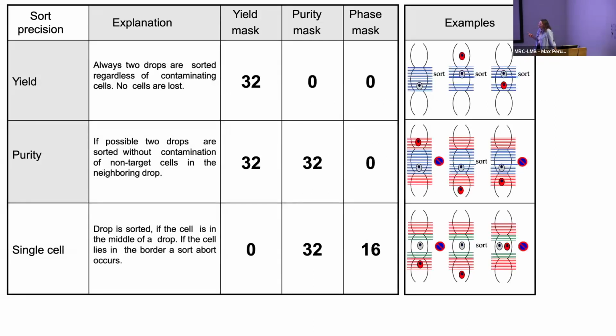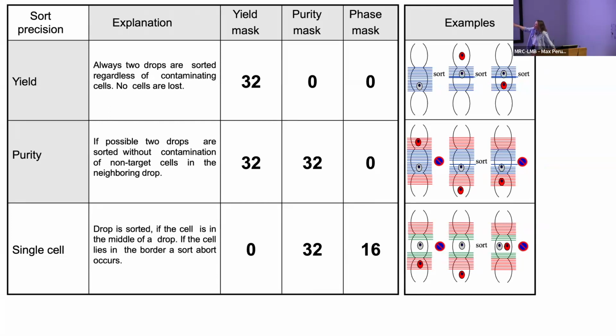As I mentioned earlier, you have yield, purity, and then single cell mode, which is the most stringent. If you look at the masking on the example side, you have the drops divided into a 32 drop window or envelope or mask. In the first case with yield, you have your yield mask set to the maximum. So you can see that no matter where the target particle in gray is located, even if there is a non-target particle in red close to it, or even contained within the same drop, we'll sort all of these particles.